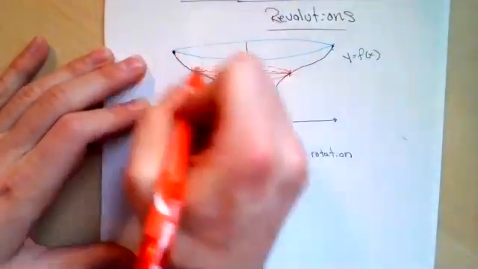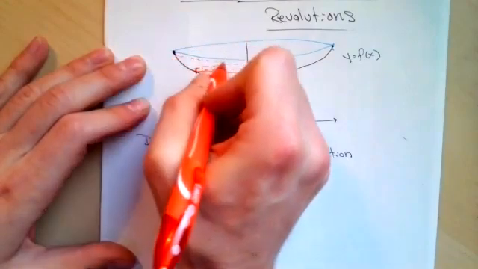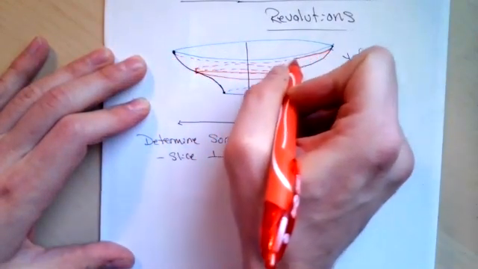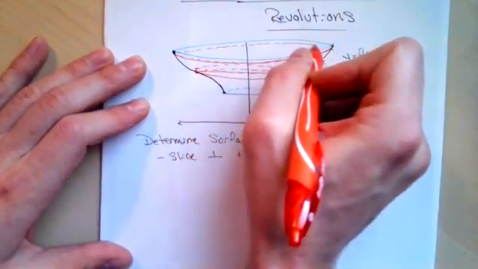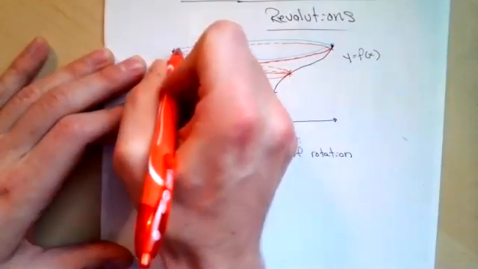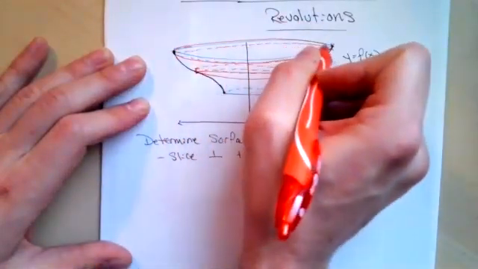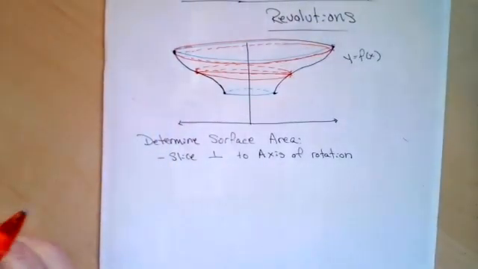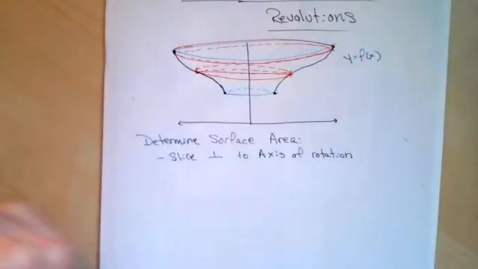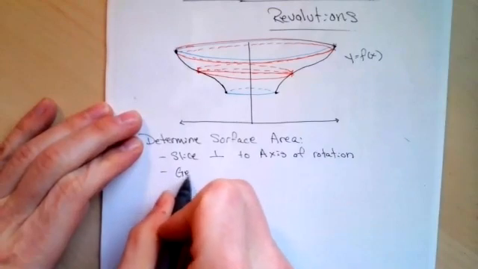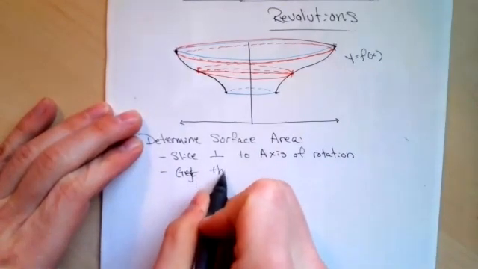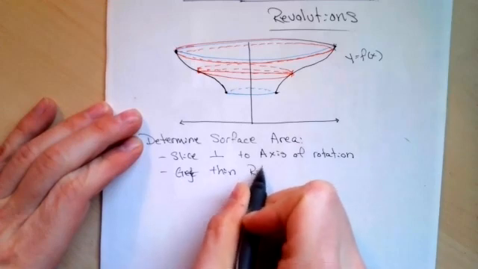Let me try to draw another one. Like this top ribbon. It's going to be a slice. So again, instead of having a solid volume, they're not complete washers. It's just the outer ring of a washer. Thin ribbons.